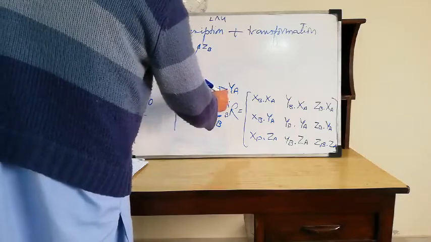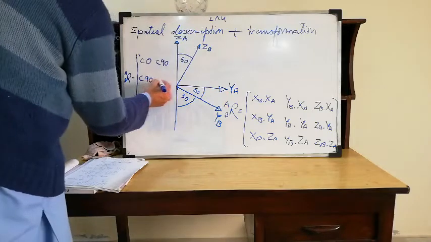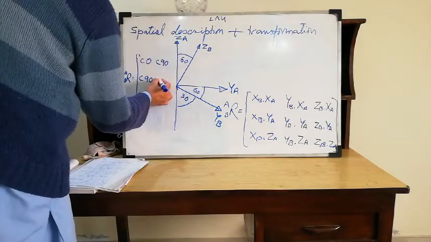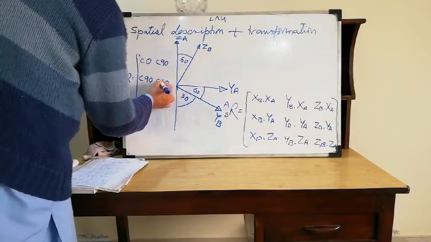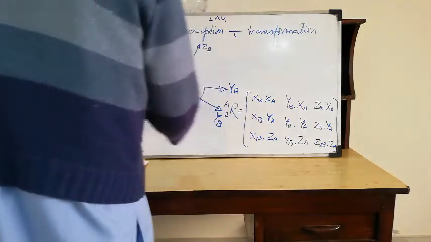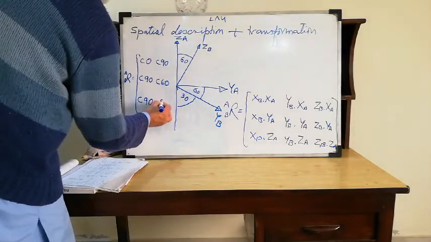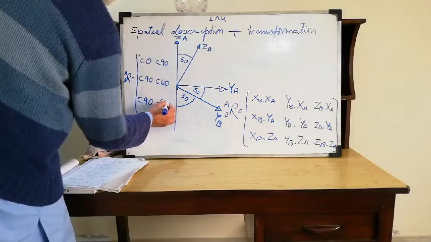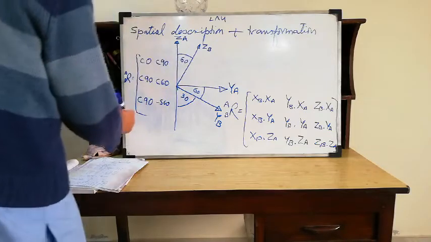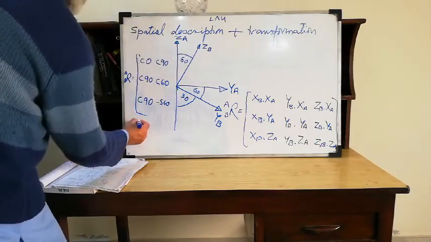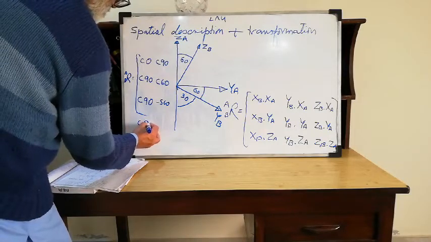YB dot YA, cos of 60. YB dot ZA, minus sine of 60. And ZB dot XA, that's 90 degree angle, cos of 90.